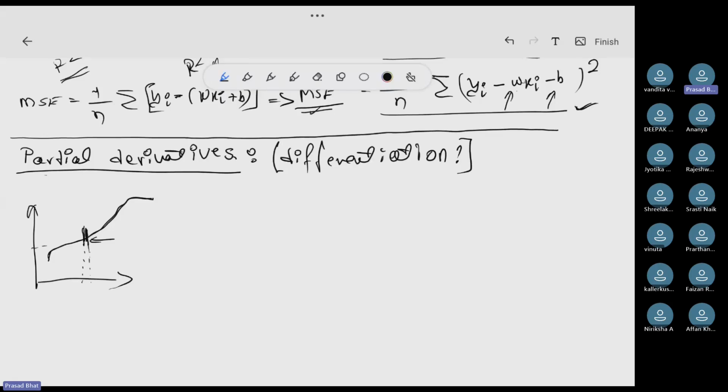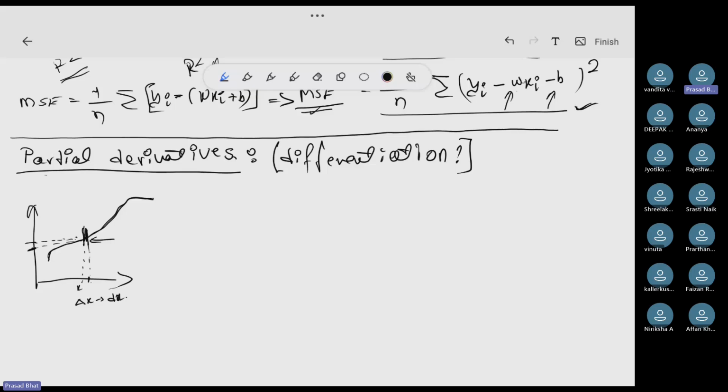Here I will try to calculate two values. At some point x, what is the value of the curve? That is going to be this part. And after a small step that we call delta x or dx, what is the value of the curve? These two we try to calculate.